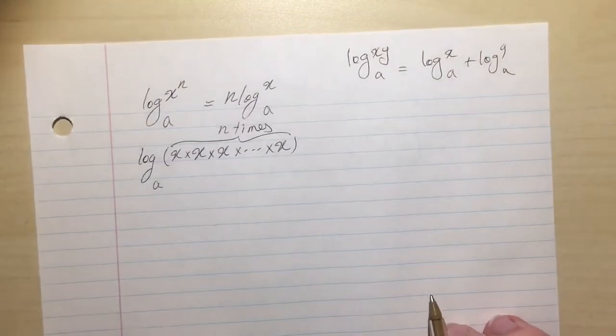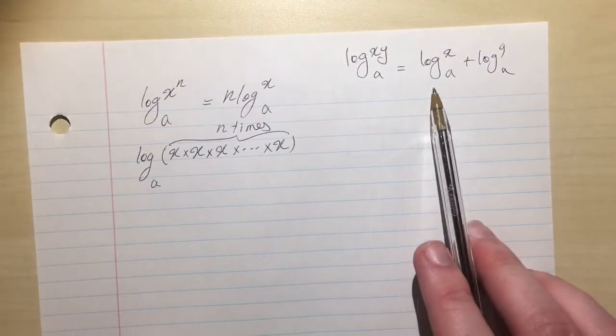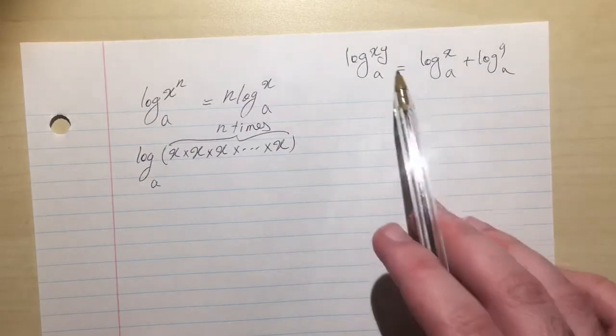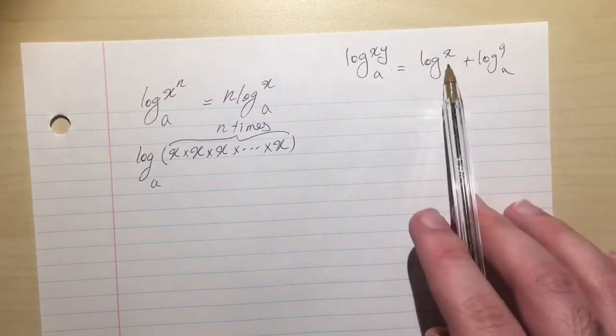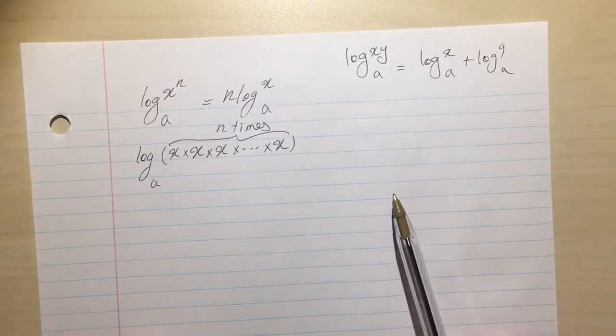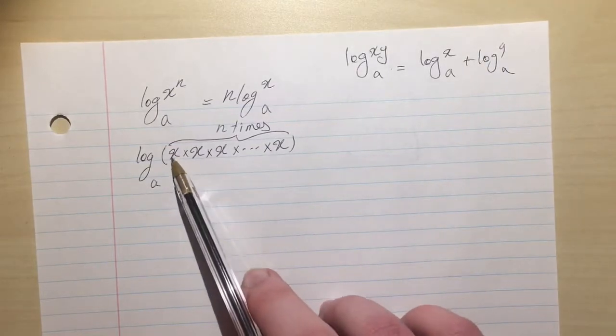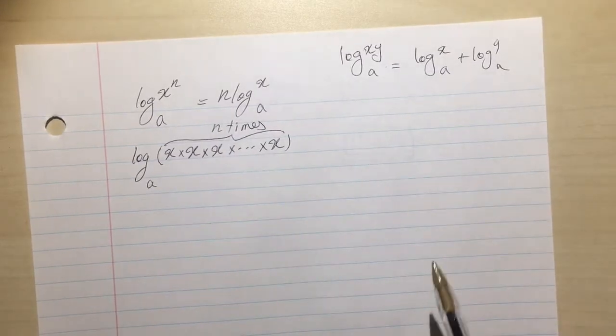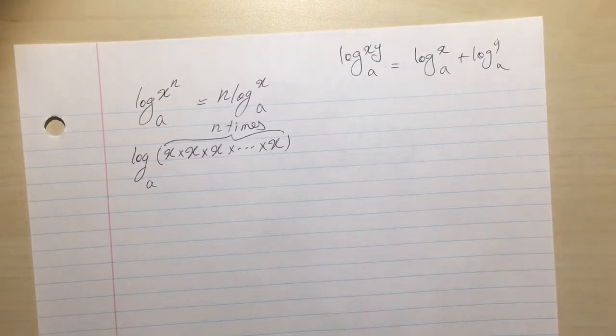The reason I have two terms here is because I have two terms here. So if I have, for example, 61 terms here, I would have 61 terms on the other side. So here I have n equal terms, so I can write n equal terms on the other side.